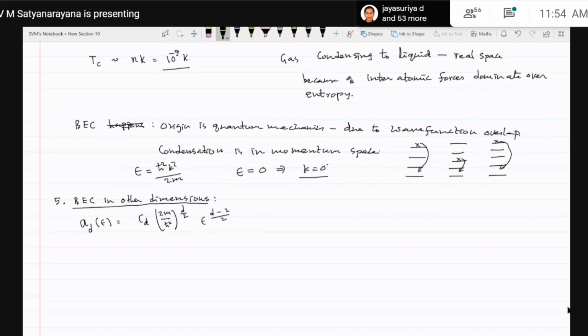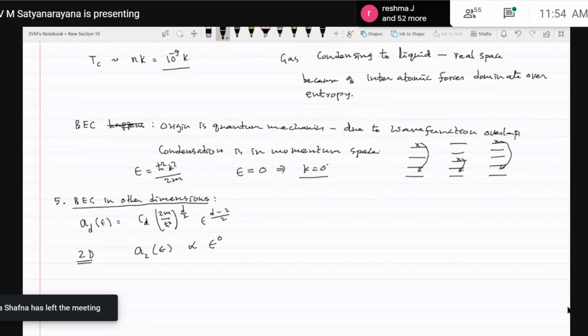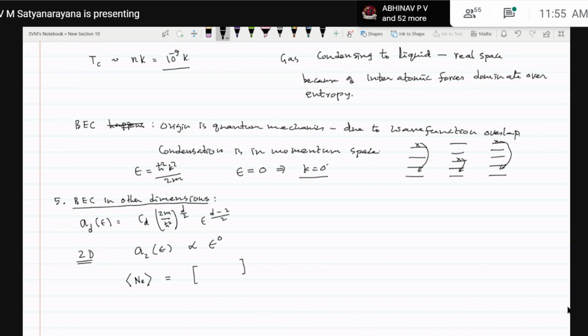Okay, so now let's look at 2 dimensions, 2D. This density of states is proportional to epsilon to the power 0. So I want to argue about your average value of N. I will not write all these constants, but it will be something like the integral from 0 to infinity.